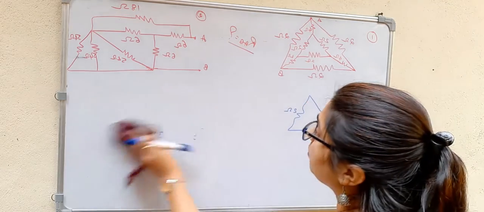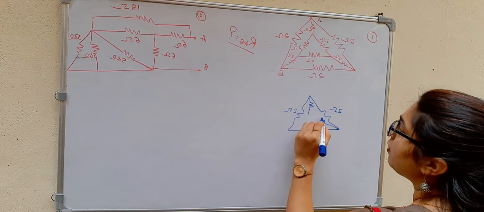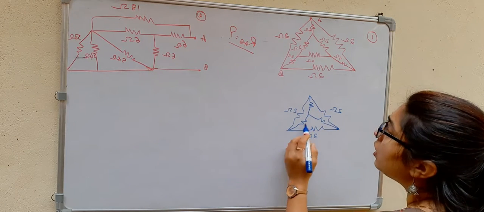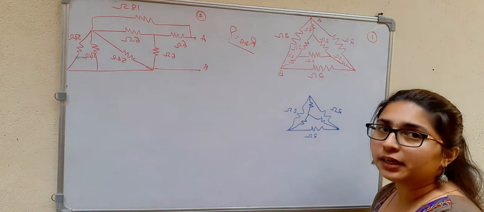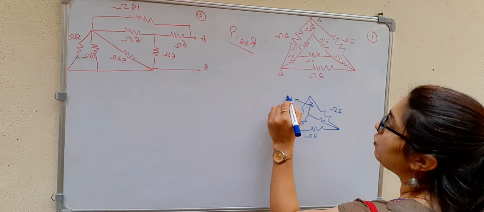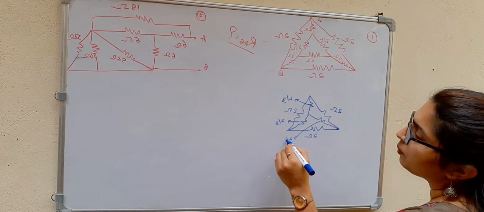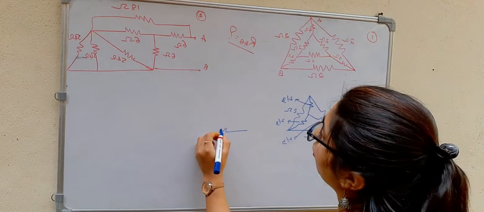Since we are converting this delta to star, each value will be divided by 3. So this will be 2 by 3, this 2 by 3, and this 2 by 3. Now I can draw this.